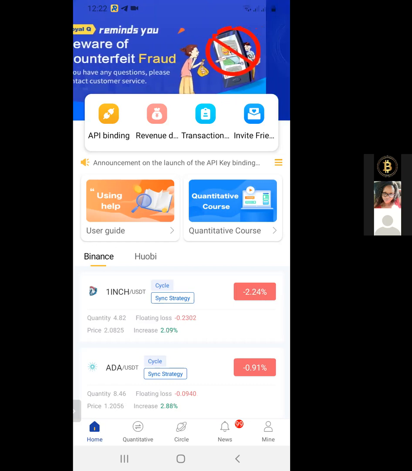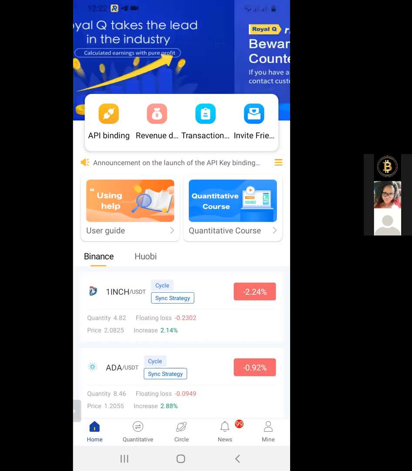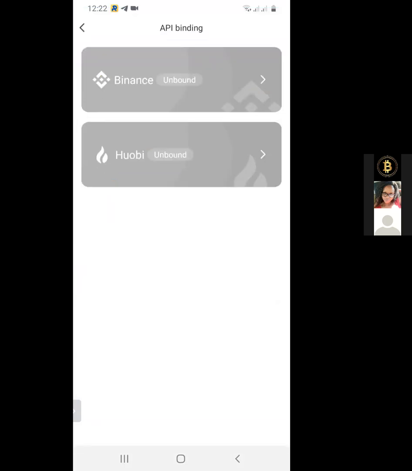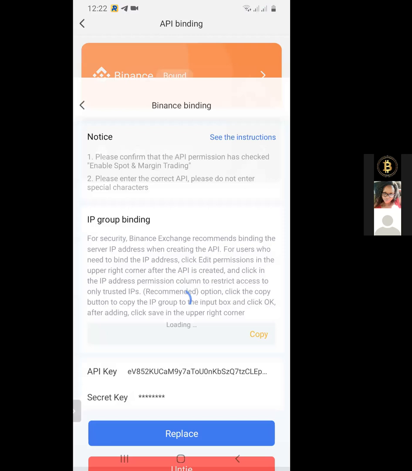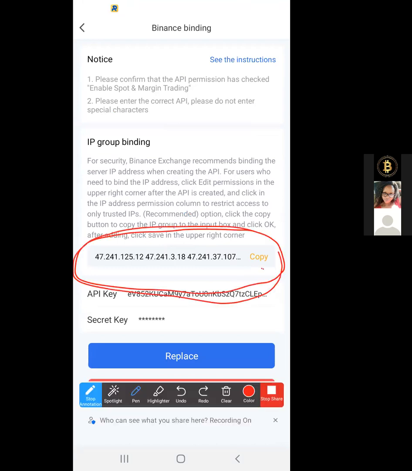Okay. So if you come here to API binding, I'm just going to open API binding, and then I'm going to click on Binance. So this is the new thing that they have added. There's a combination of numbers that you will now see above where you would have activated your API.